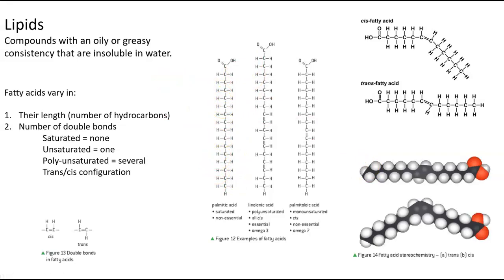Butter, for example, is mostly saturated fatty acids, and it means that it has a more solid consistency at room temperature, whereas things that have cis unsaturated fatty acids are mostly oily and liquid. They can't be packed together, so they become less dense and become oily at room temperature.